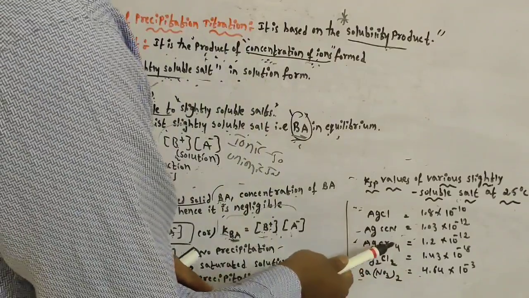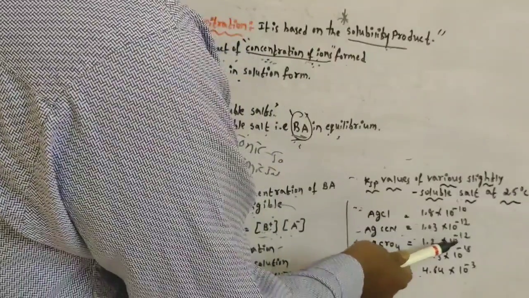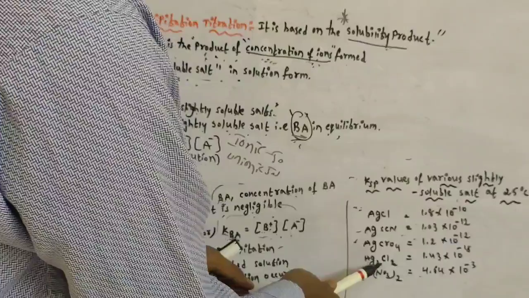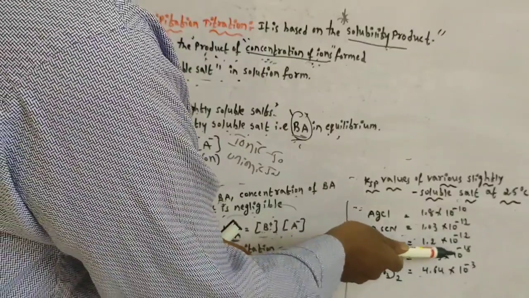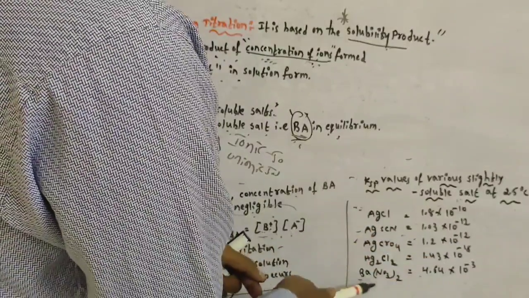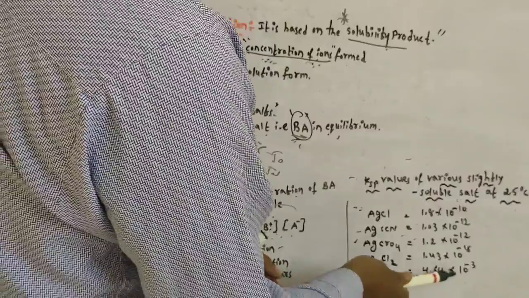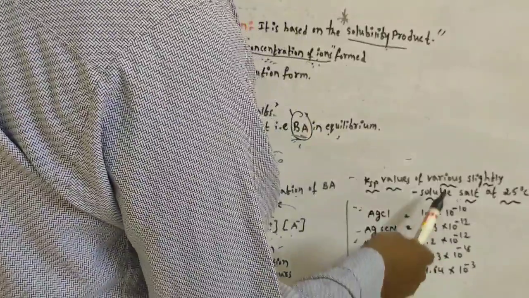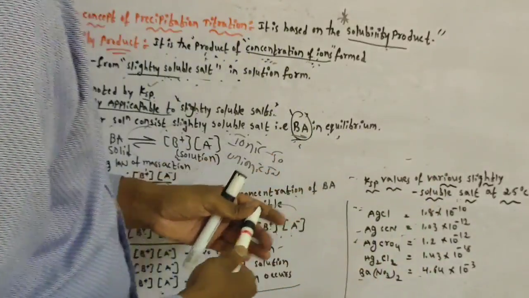Silver chromate is 1.2 into 10 to the power of minus 12. Hg2Cl2 is 1.43 into 10 to the power of minus 18. Then barium nitrate is 4.64 into 10 to the power of minus 3. All these are sparingly soluble salts with their respective solubility product values.